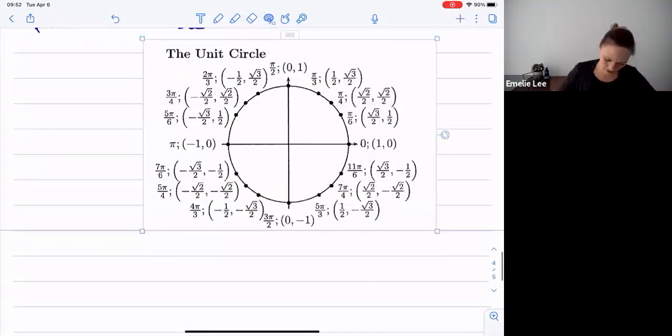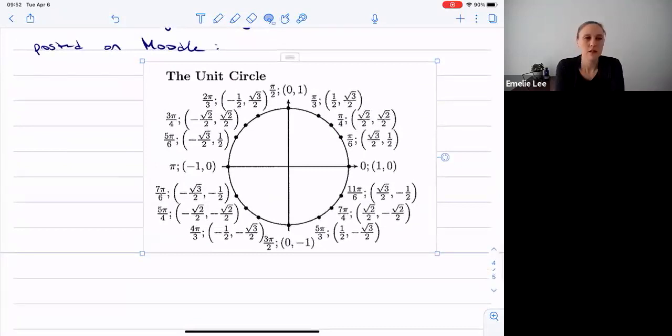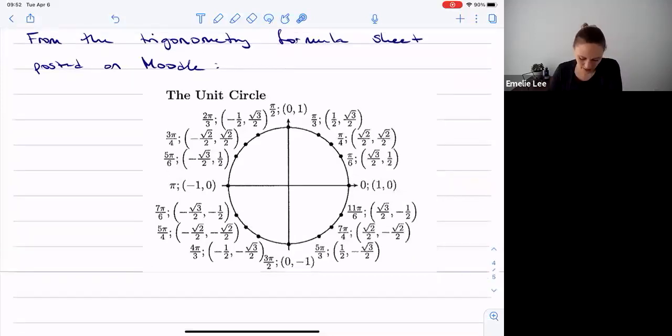We have the unit circle. Okay, so what it's done is it has gone through and just plotted out all the points, right? Pi over 6, 2 pi over 6 reduces to pi over 3, 3 pi over 6 reduces to pi over 2, 4 pi over 6, 2 pi over 3, 5 pi over 6 stays 5 pi over 6.